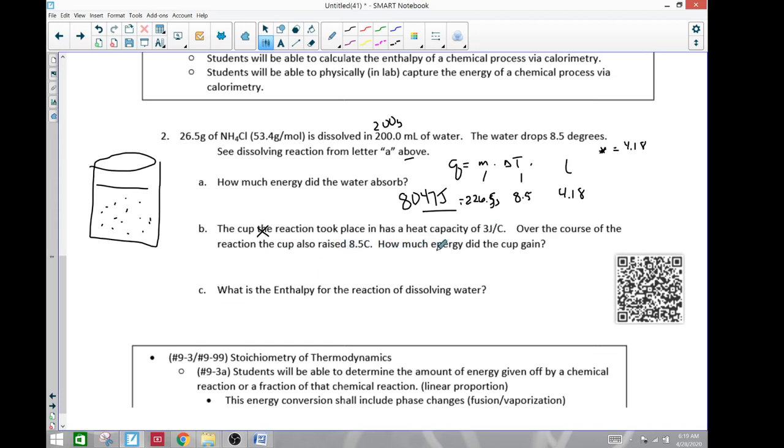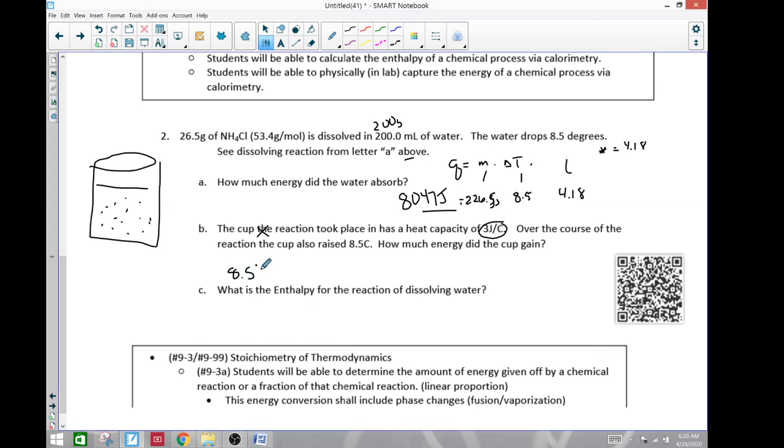So this is a good example of just a heat capacity. In specific heat, you have mass, change in temperature, specific heat. Heat capacity is just an energy per degree for a given set of mass that's not changing ever. So our cup doesn't change in mass ever, so we see capacity a little easier.